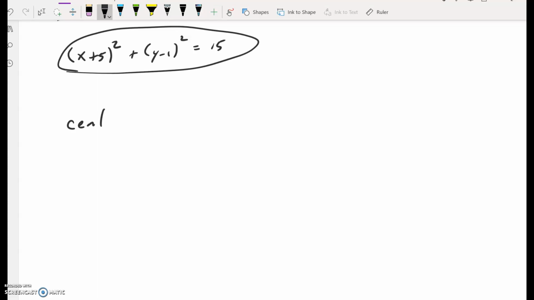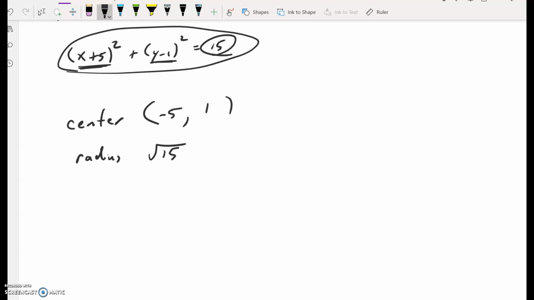Well, maybe so. The center's x value has to make this 0. The center's y value has to make this quantity in the parentheses 0. And the radius is always the square root of that number, so it's the square root of 15, which is almost 4. So the radius is almost 4, and the center is at negative 5, 1.